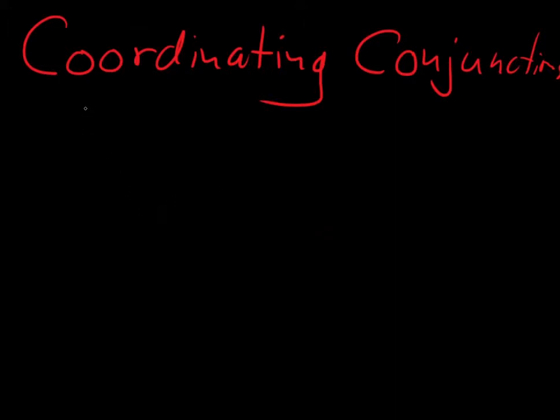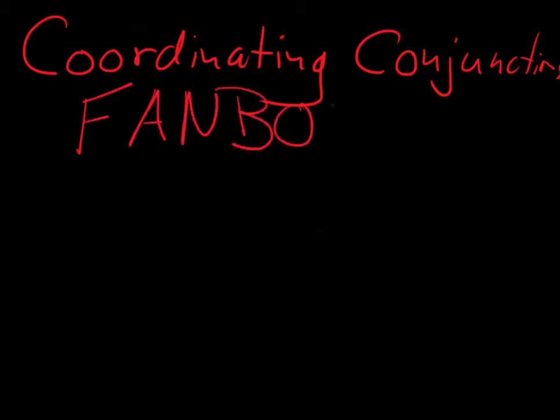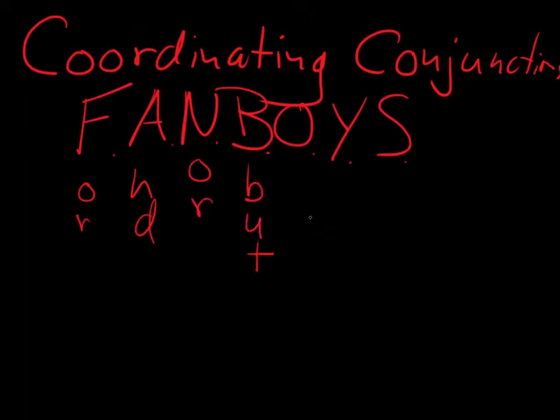The easiest way to remember the actual words that are coordinating conjunctions is FANBOYS. And that's a mnemonic device that helps you remember it. For, and, nor, but, or, yet, so.